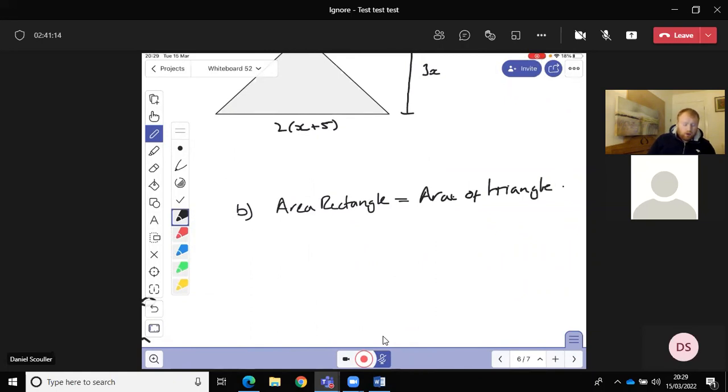Now we've worked out the area of the rectangle. So the area of the rectangle is just 2x squared plus 17x plus 8. The area of a triangle can be found by half times the breadth times the height.